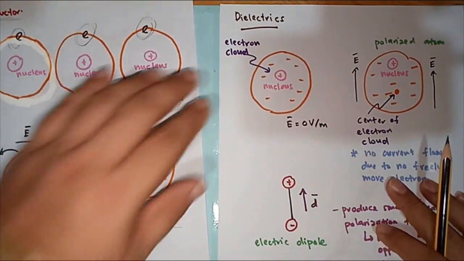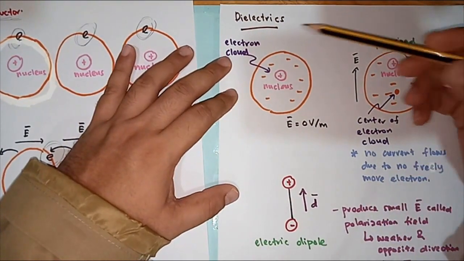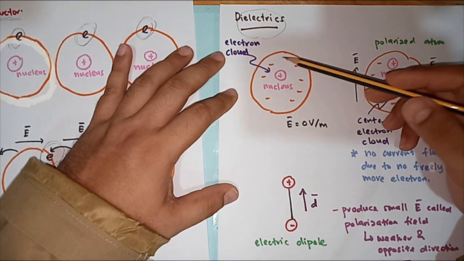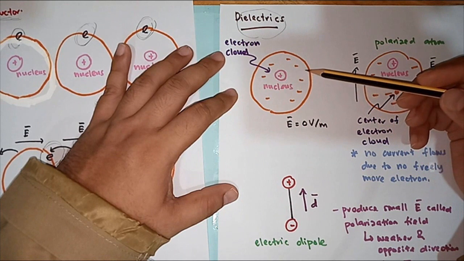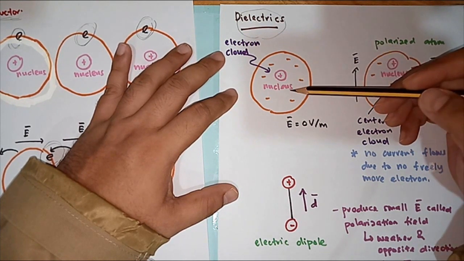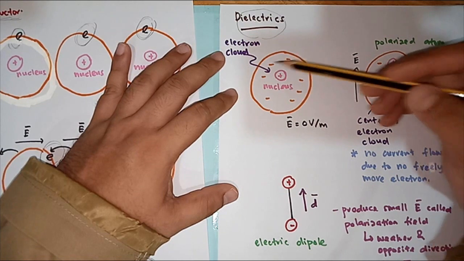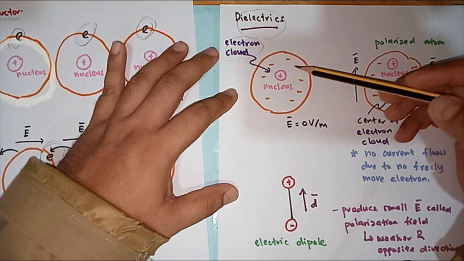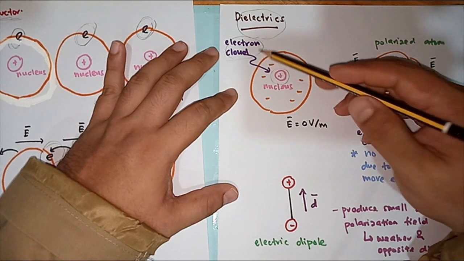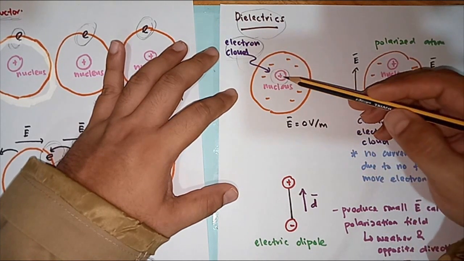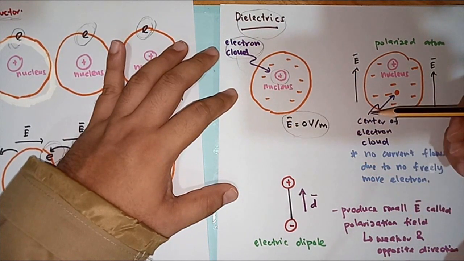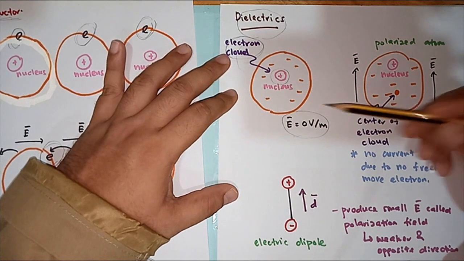However, if we consider a dielectric, we have electrons that are tightly bound to each atom, and the electrons create what we call an electron cloud surrounding the nucleus. The center of the electron cloud will be the same as the center of the nucleus when we don't have any electric field applied to that particular atom.